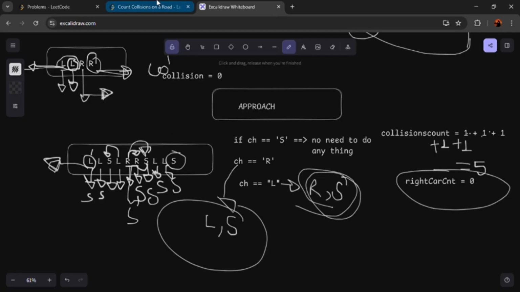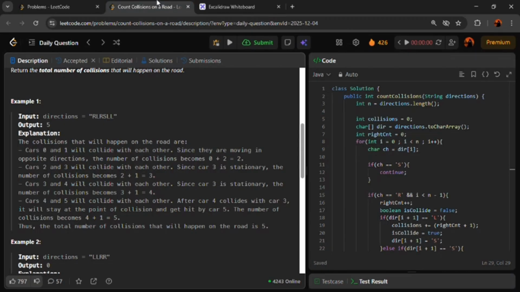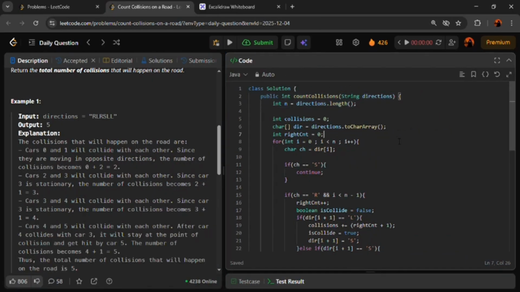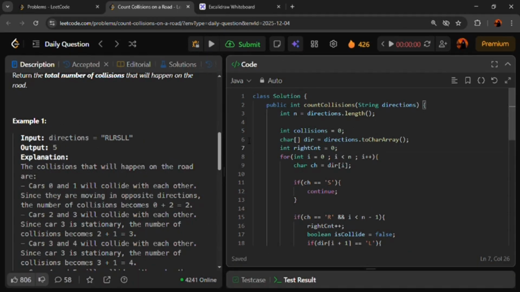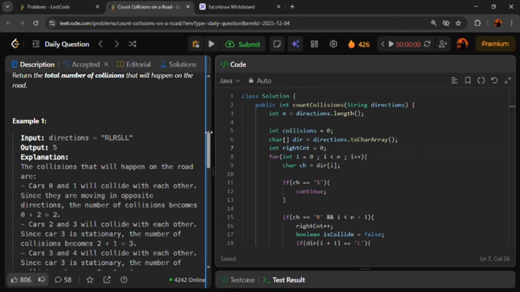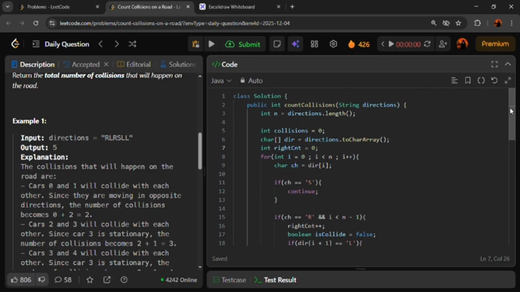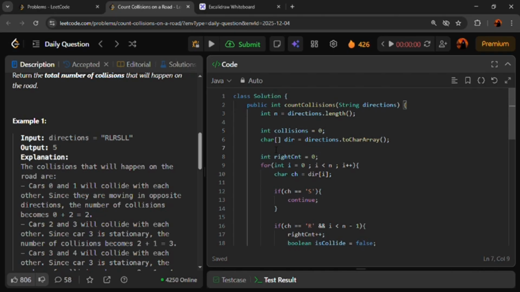So let's move on to the coding part. Let's look at the code here. I wrote it already. I have to zoom in. Firstly, I take the direction length, and int collisions equals 0, and I store the directions in the car array.